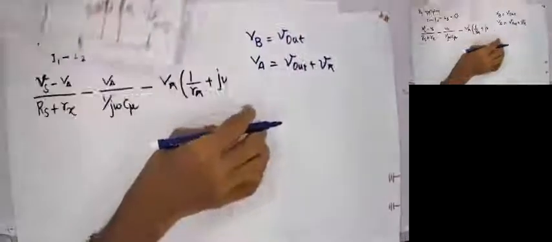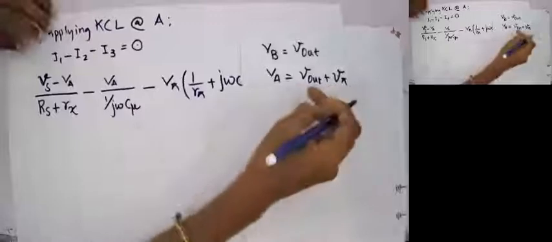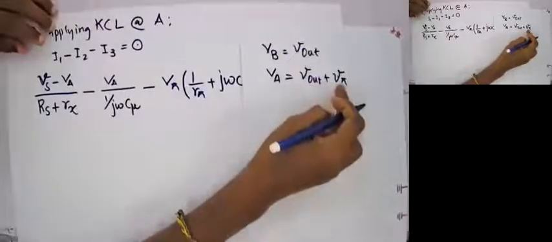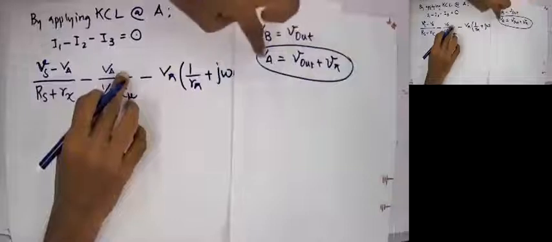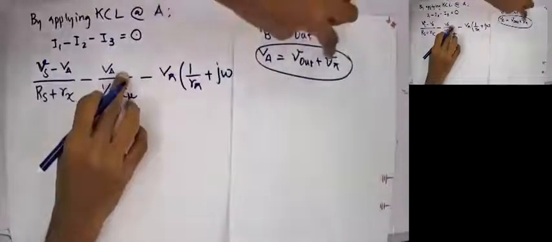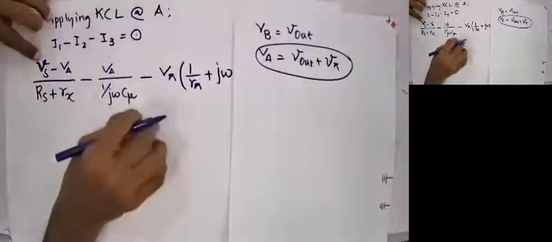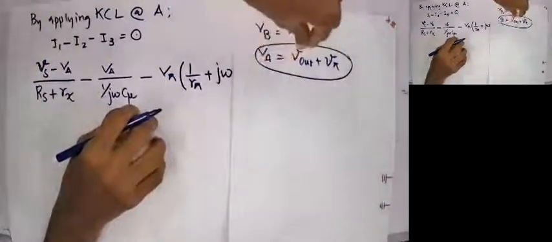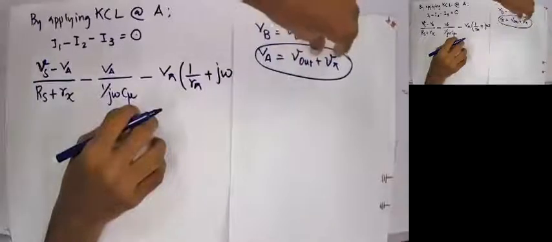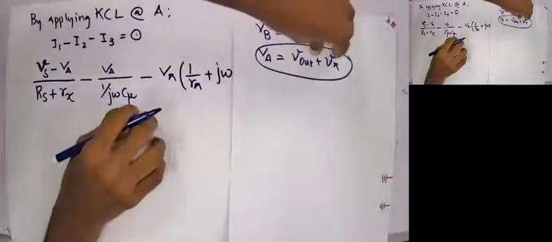Now we have two equations, and substitute VA, which is equal to V out plus V pi, in this equation. So this will be an equation in terms of V out, V pi, and Vs. Now substitute VA as V out plus V pi.